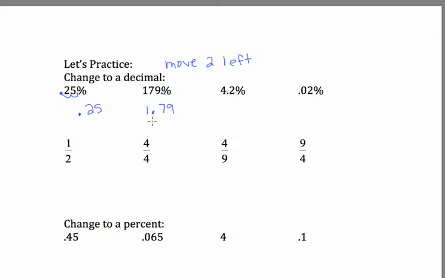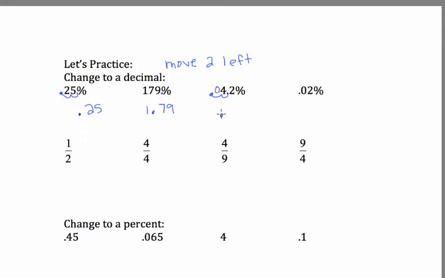Again, if you have a number larger than 1, remember 1 is 100%. So 1.79, that's 179%. This is one that's used in business sometimes when you're figuring out Social Security. 4.2%, 2 spots to the left. Now, if you go 2 spots to the left and there's an empty space, you put a 0 in it.